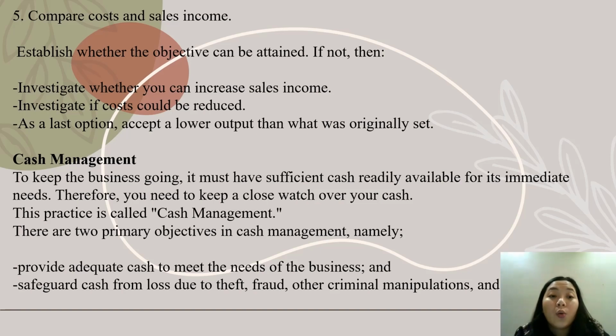So in here, we should always compare cost and sales income, because if we produce a lot and then it is not in demand and only a little is earned, we compare it to our sales income, so that's the time we check. We have fixed costs like rentals, salaries, labor, electricity, water expenses, that is fixed cost.